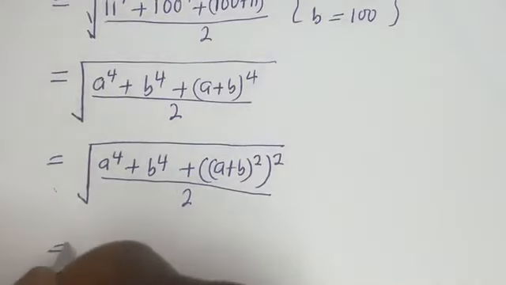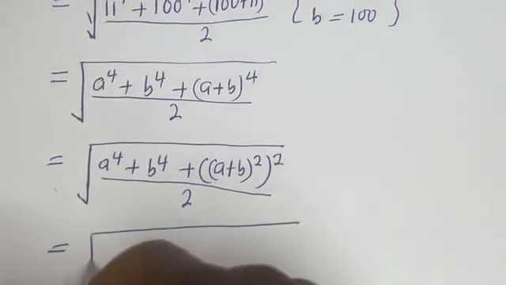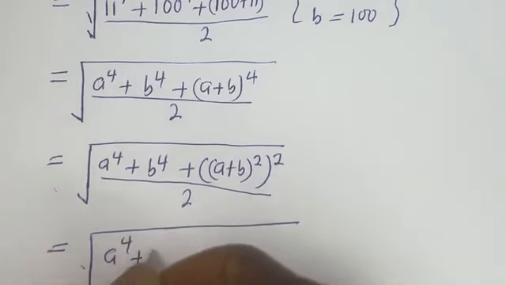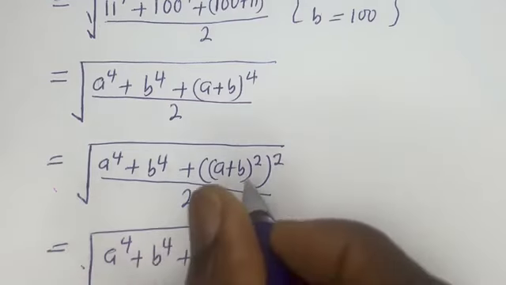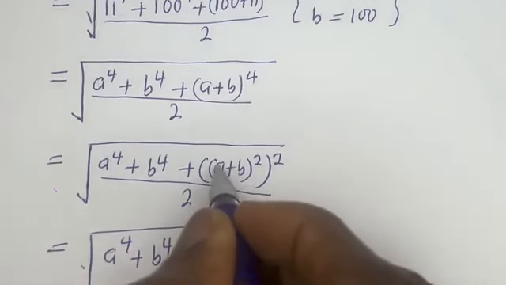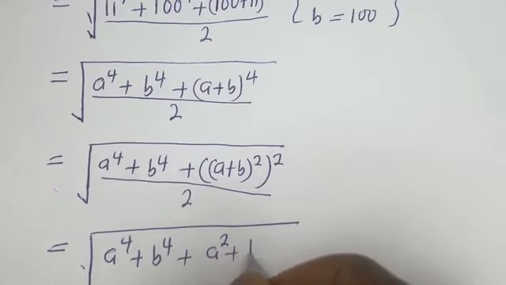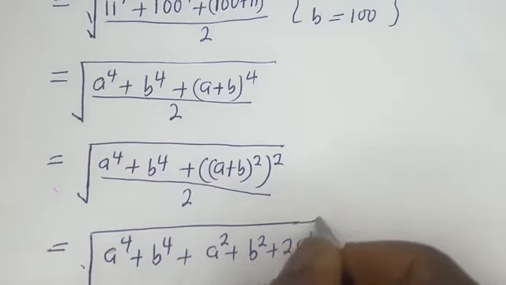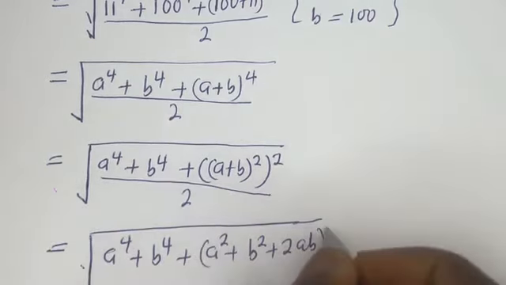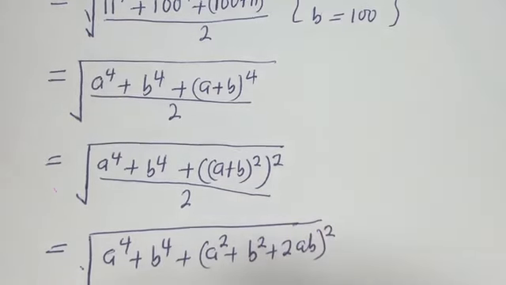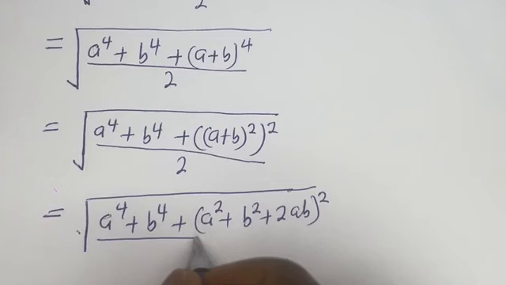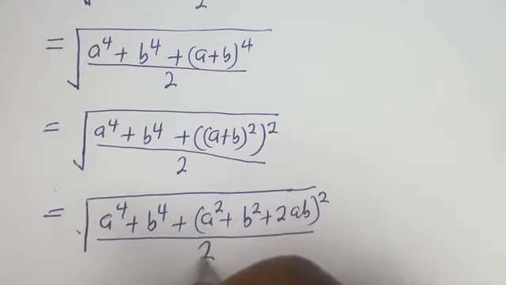Then this is equal to square root of A to the power of 4 plus B to the power of 4 plus, if we expand A plus B square, we have A square plus B square plus 2AB, then all square, everything divided by 2.